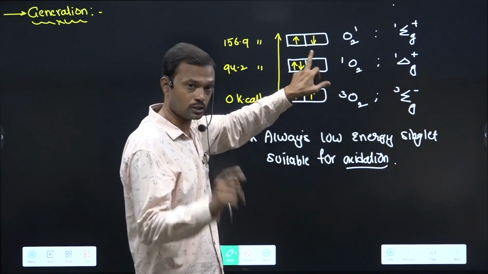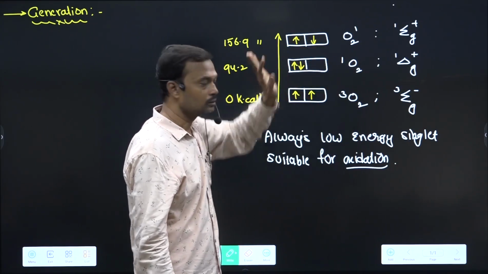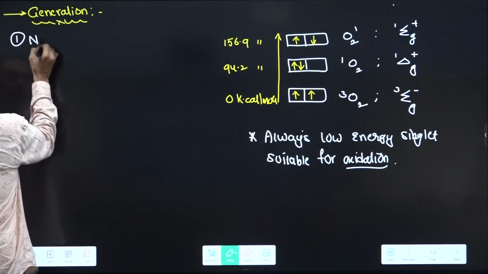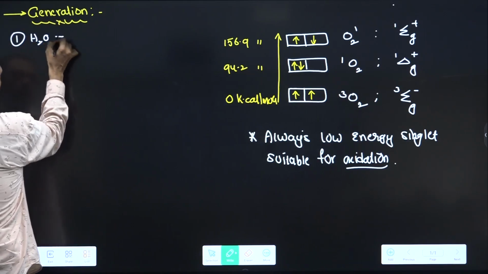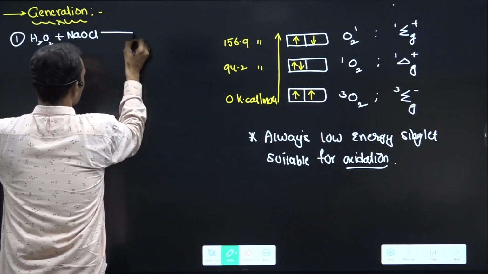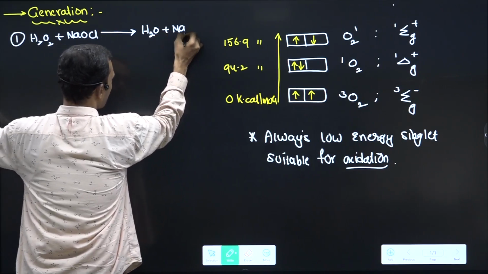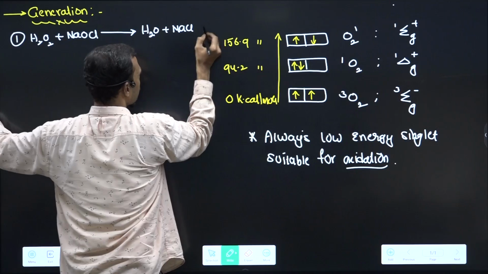If I say singlet oxygen, this one only always, not this one. So first one, see, hydrogen peroxide reacts with sodium hypochlorite. Okay, so this gives sodium chloride, water and molecular oxygen singlet.